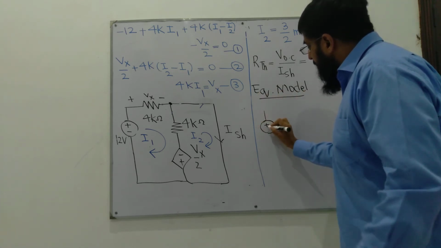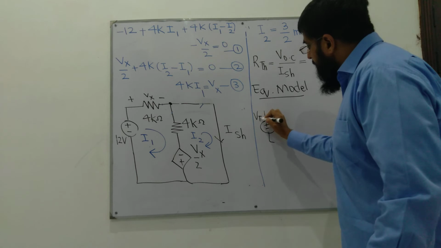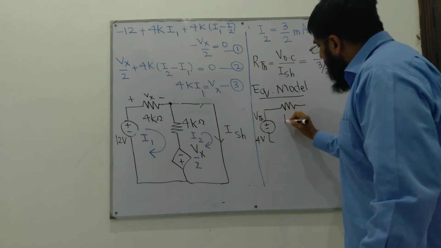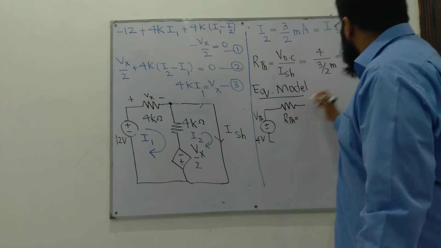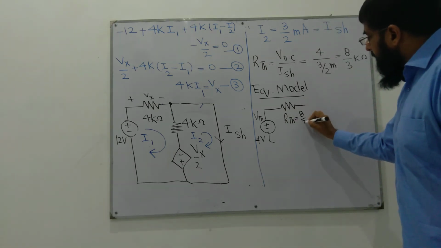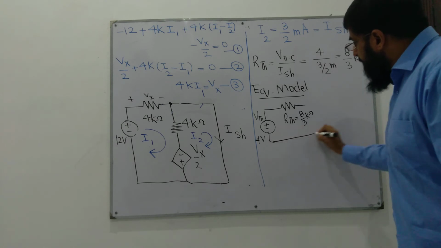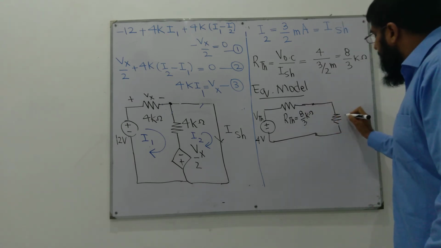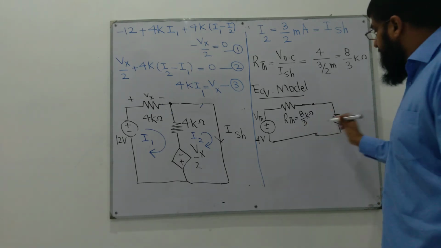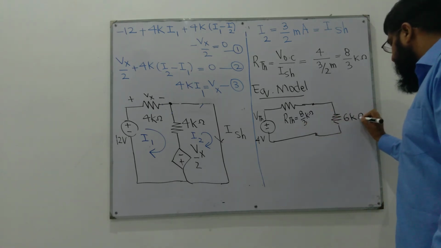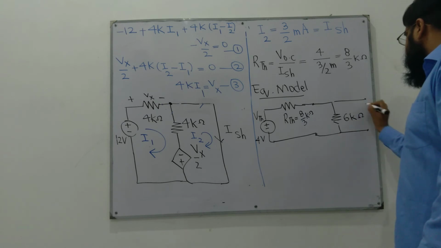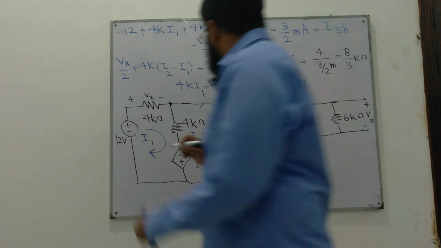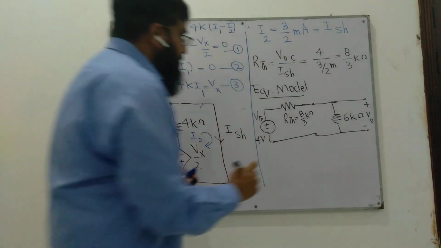The equivalent model contains a source equal to V Thevenin, 4 volts in this case, a resistor R Thevenin equal to 8 by 3 kilo ohms, and in series the resistor RL, which we removed in the first step, which was 6 kilo ohms, and the voltage drop across it is our desired voltage.